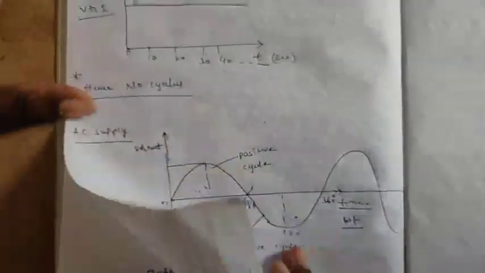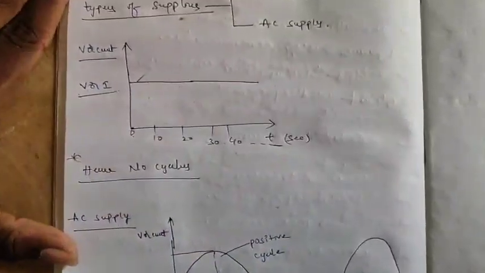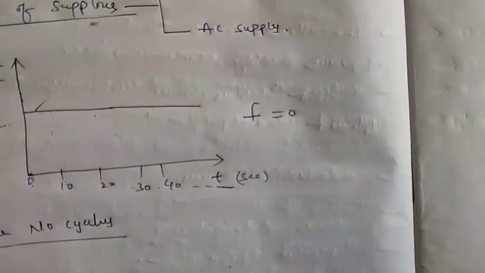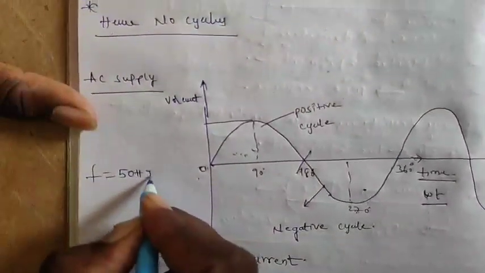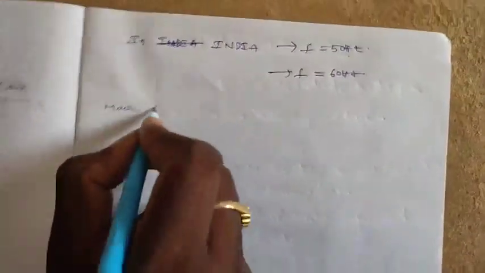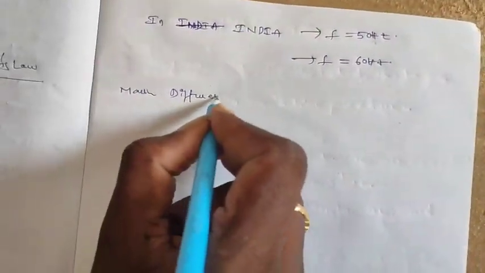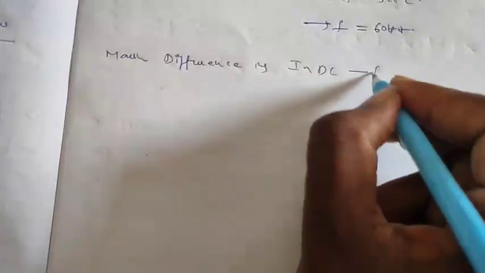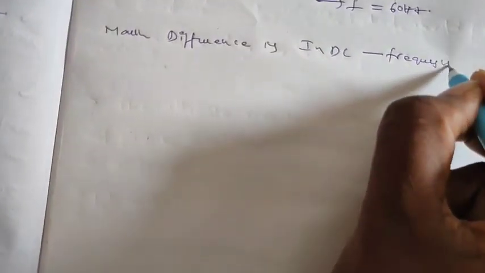So the main difference between DC supply and AC supply is like that: in DC, frequency equals 0, and in AC, frequency equals 50 Hz in India.